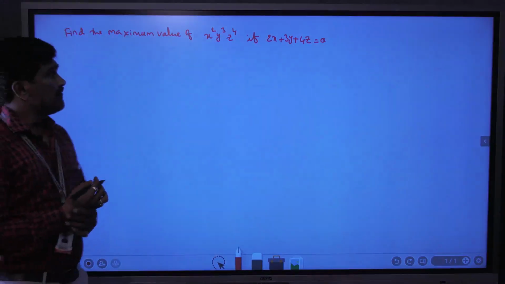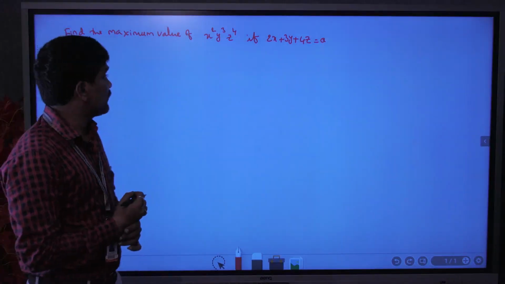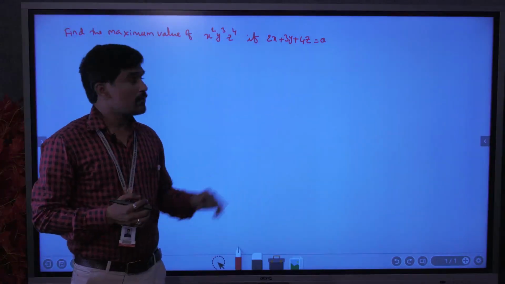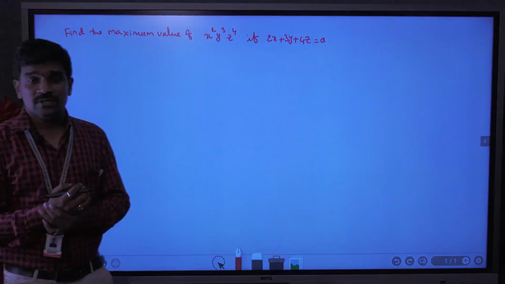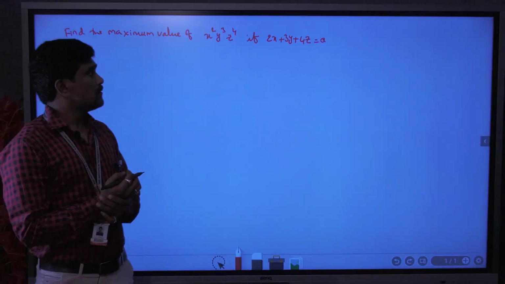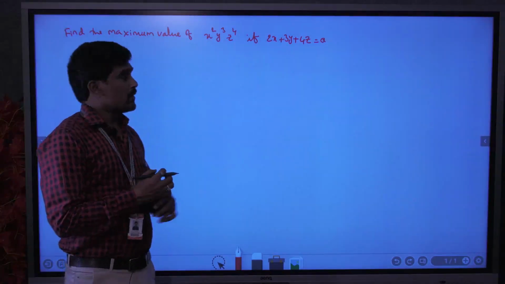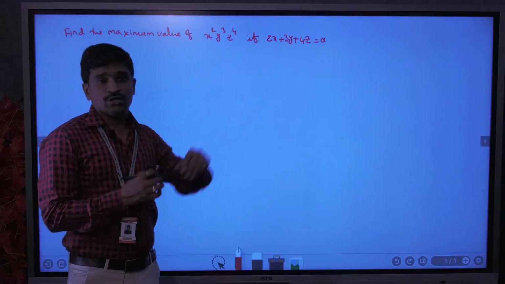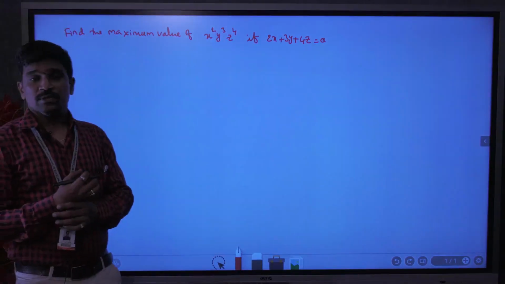This is the problem. Now this is an extremum subject to the given condition 2x plus 3y plus 4z is equal to a.